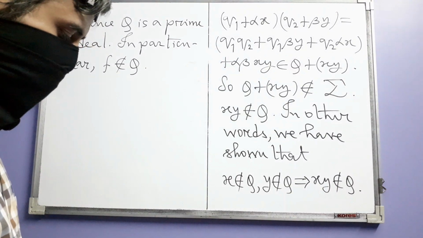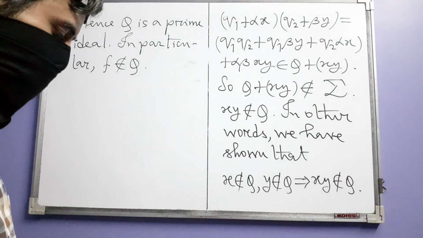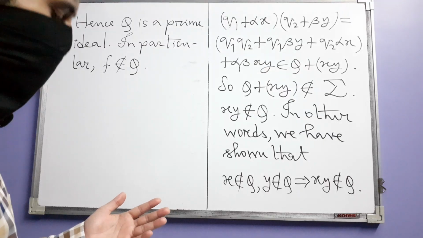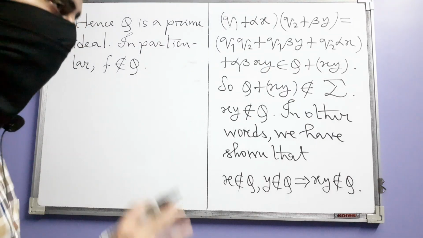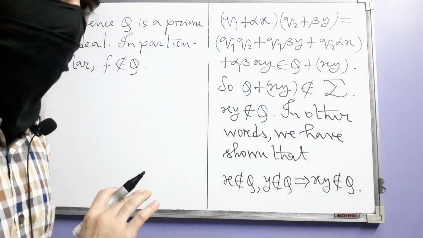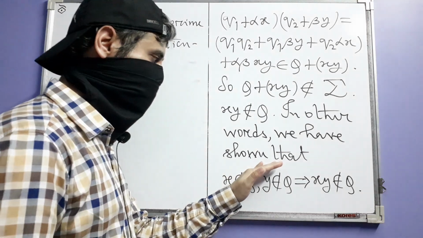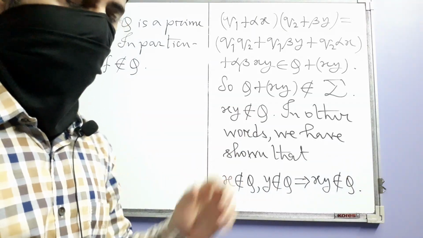In this part of the proof, we chose f to be an element which is not in R. That means f is not a nilpotent element. Yeah, that's how we started the proof.